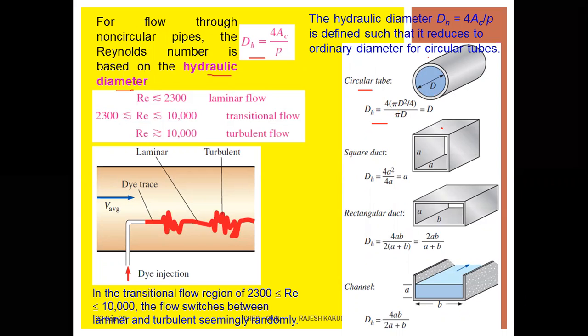For a square closed duct, deeni area L length into breadth, A into A teesukunte, then what is the formula here? DH is equal to 4A square by 4A, that is equal to A.